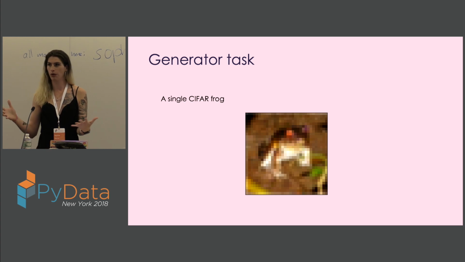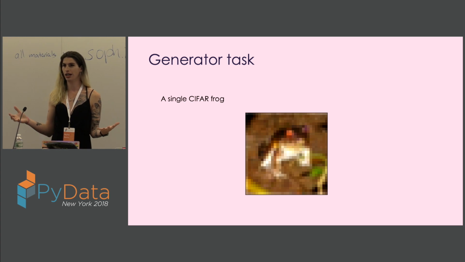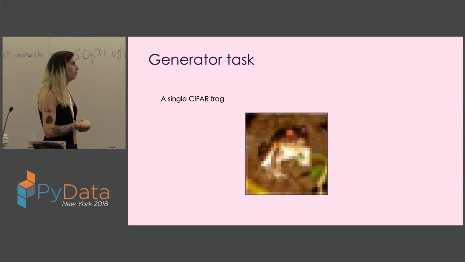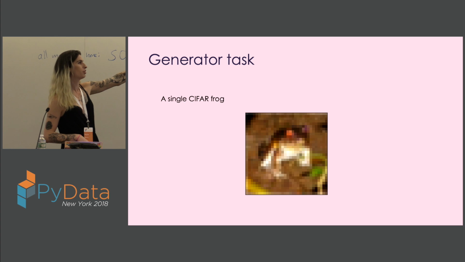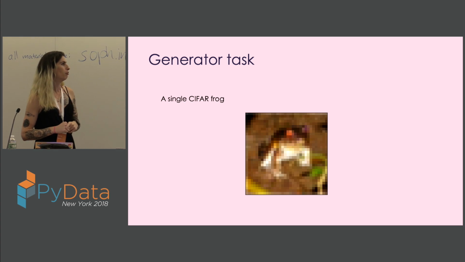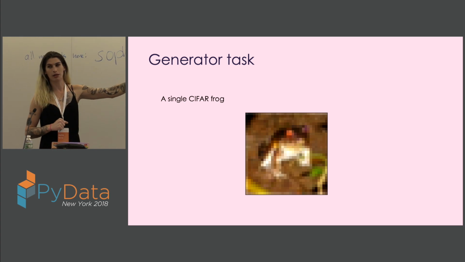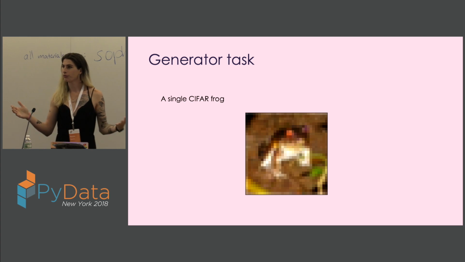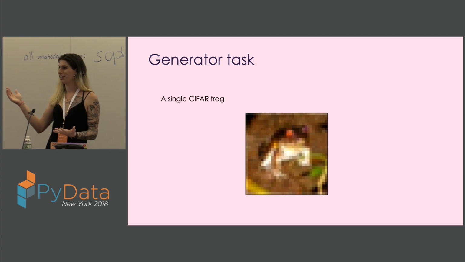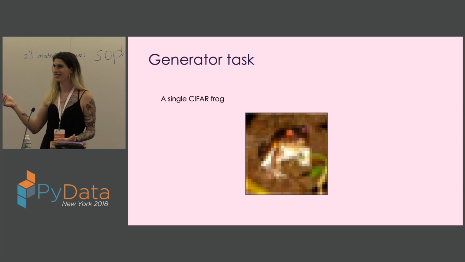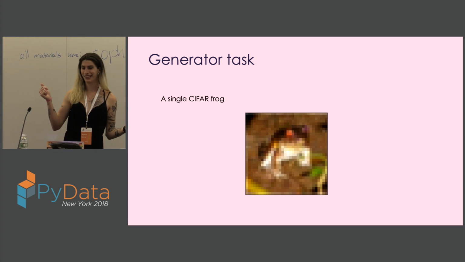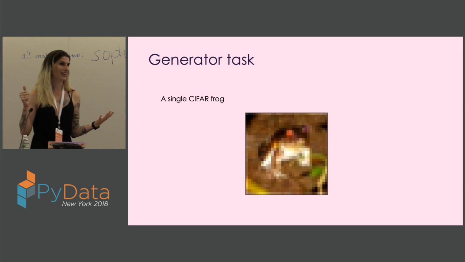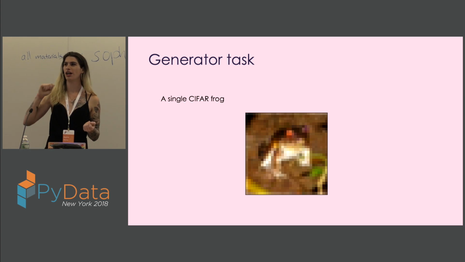And so you might think about what if your task was the generator's task of fooling somebody and making them think that the 32 by 32 pixels that you draw is from the same set of data that that image is from. How would you do it? What color would you make the frog if you had to generate frogs from the training data?